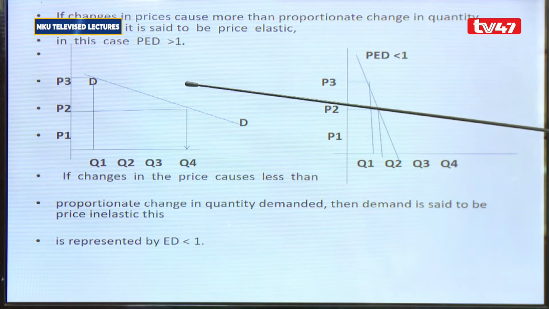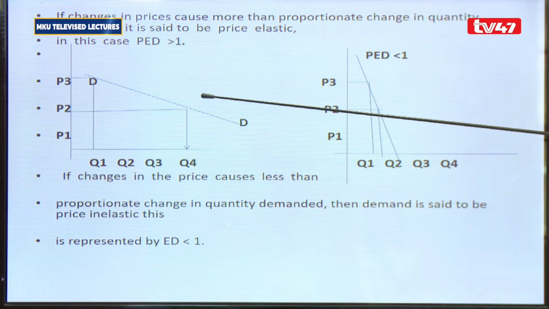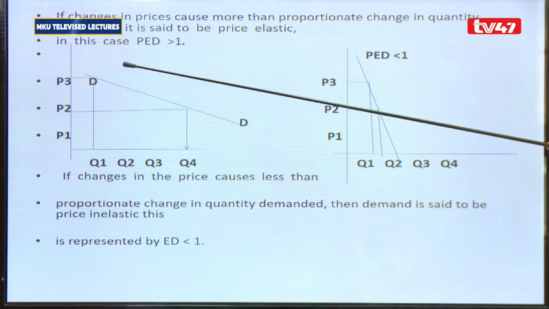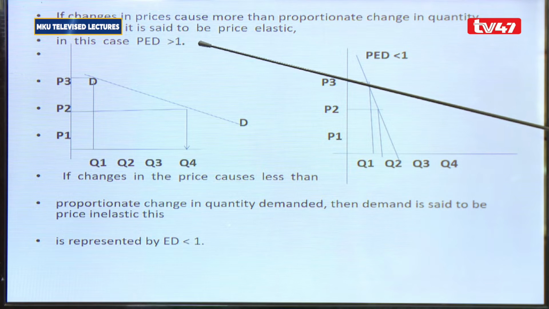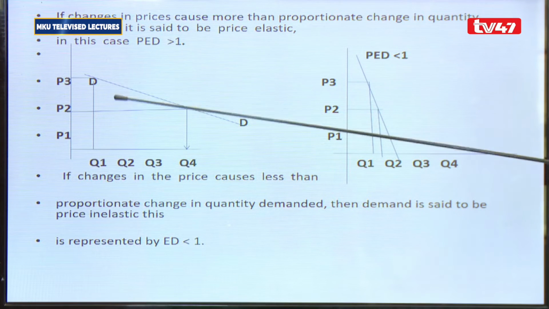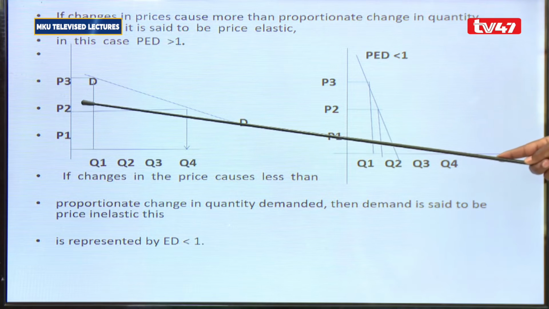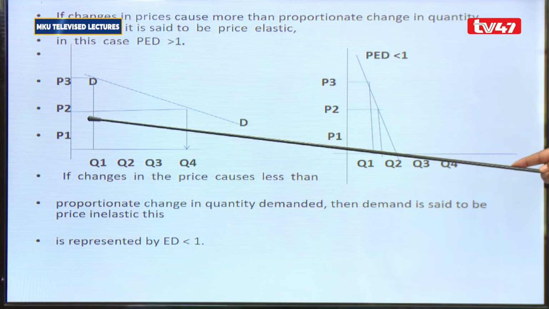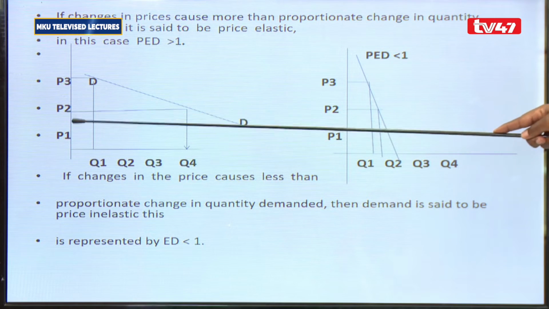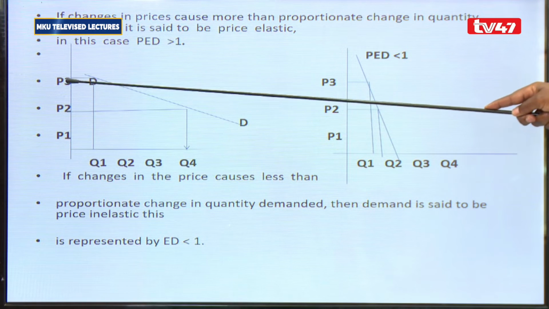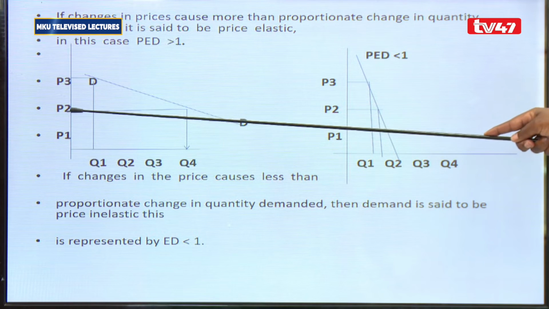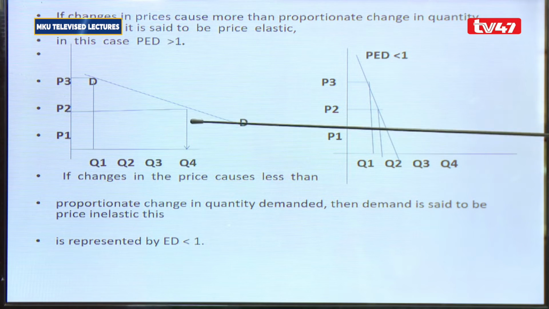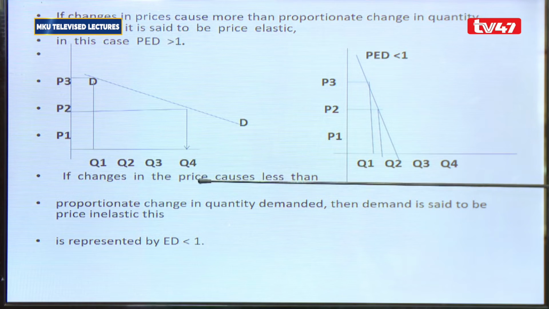The first diagram that you're seeing here is where the change is greater than 1, greater than a unit, or equal proportionate. It means initially the price moved from P2 to P3. When the price was at P2, the quantity demanded was 4 units.